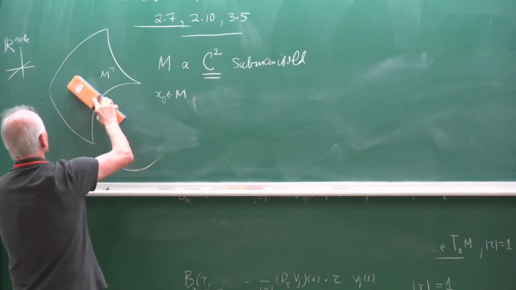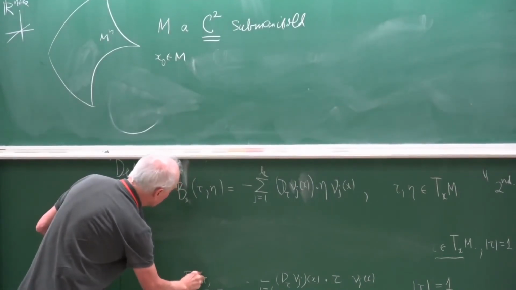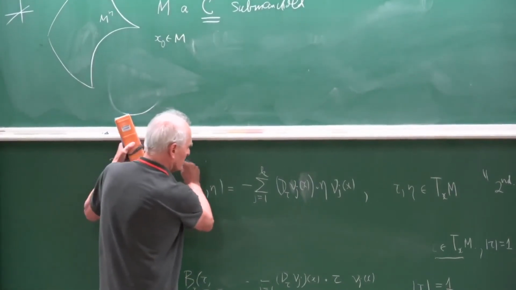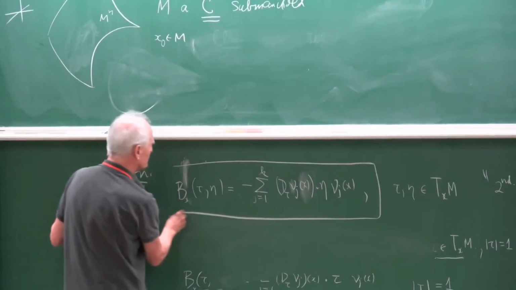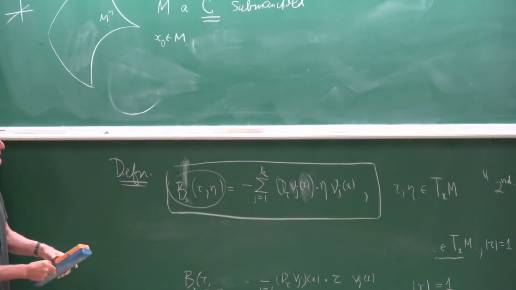Let's talk about the general terms now. Here it is. This is our general definition. Can we give a geometric interpretation of this for arbitrary tau, eta?